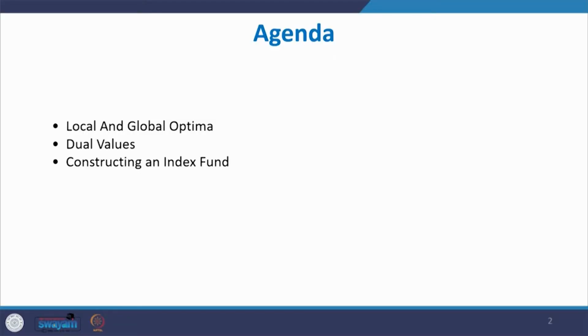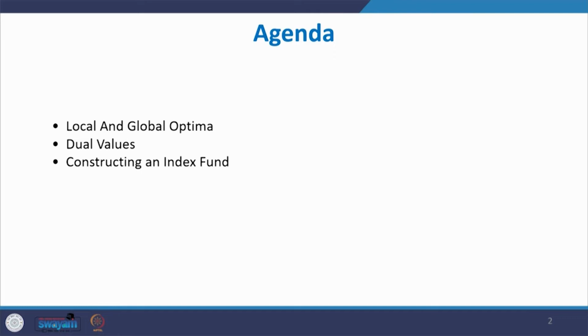Students, in this lecture we will continue with our previous discussion on nonlinear optimization models. The agenda for this lecture is: I will explain what local and global optima are, then I will interpret the meaning of dual values for a nonlinear program.